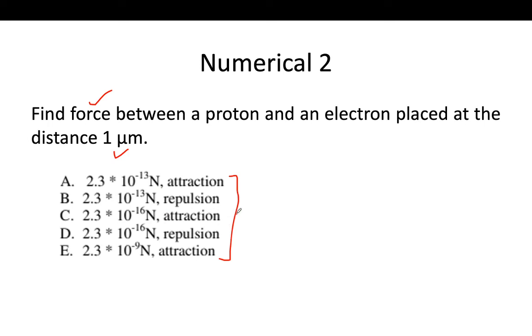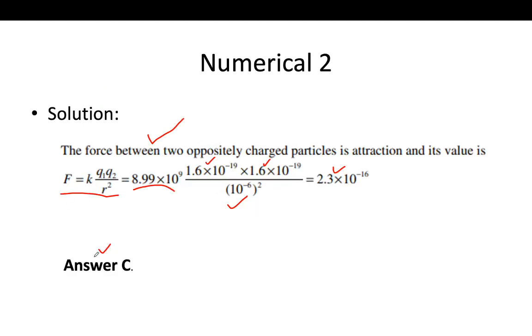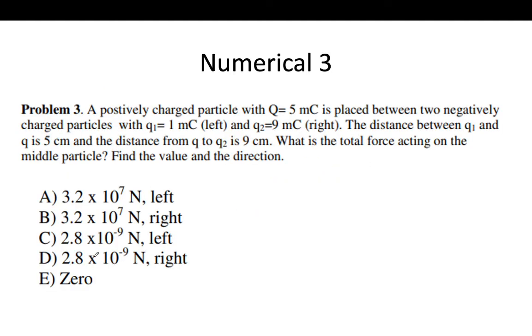The answer is C, because we are finding the force between a proton and an electron. This means they are not the same charge, one is positive and one is negative, and positive and negative attract each other. That's why answer C is correct. So first you have to do this calculation and then find the answer.